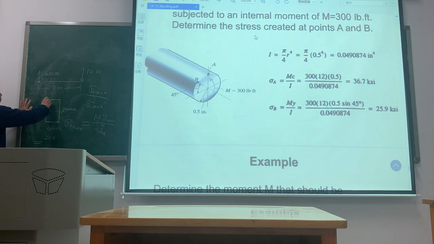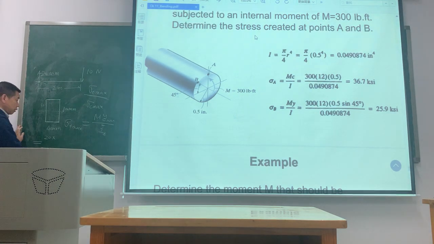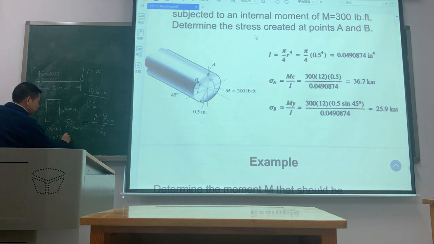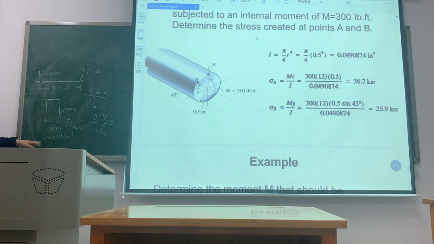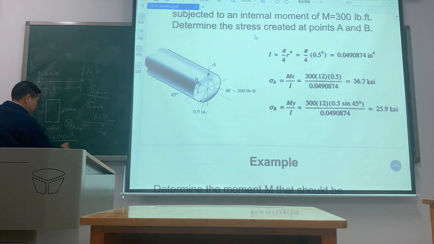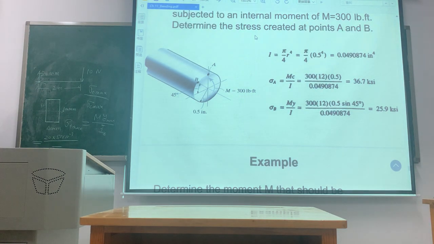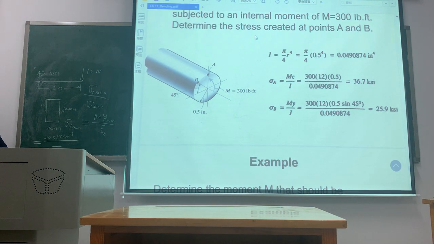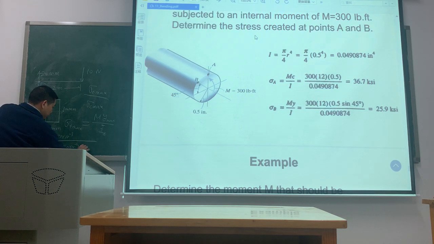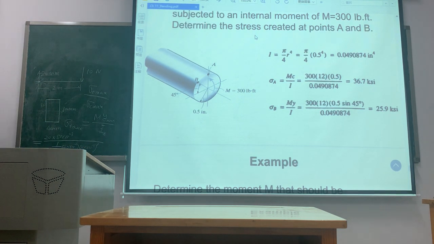Y max is 50 times 10 to the minus 3, changing the unit to meter, over b h cubed over 12. It's done.